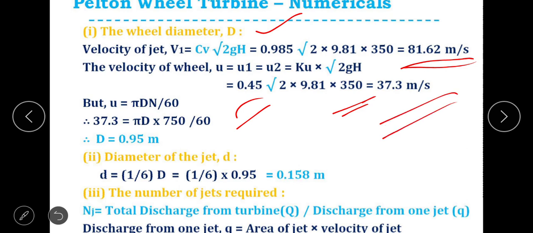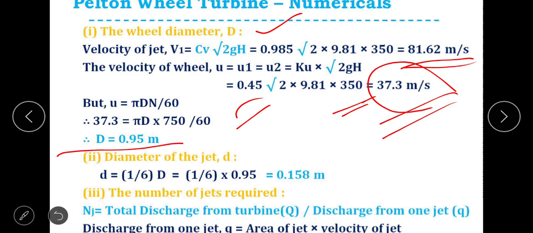But we also know u is equal to pi D N by 60. Therefore, 37.3, just now calculated in this step, is equal to pi, capital D, you keep it as it is because it is required to be found out, multiplied by N, given 750 rpm, divided by 60.